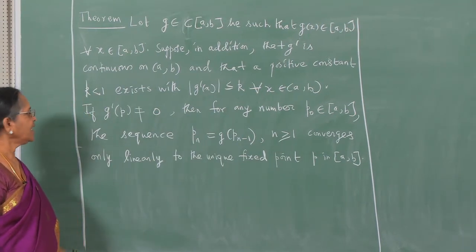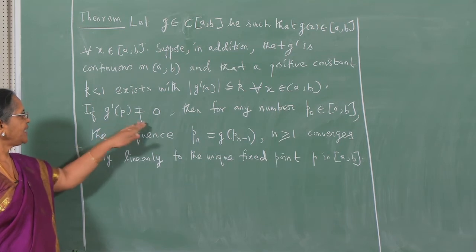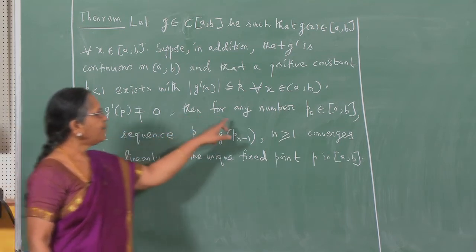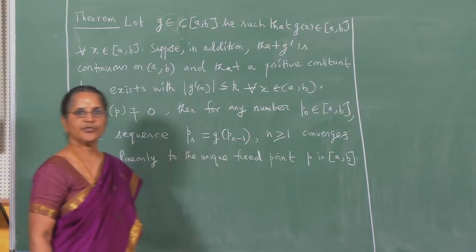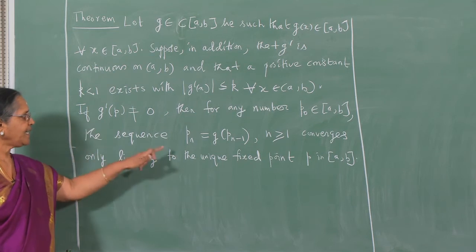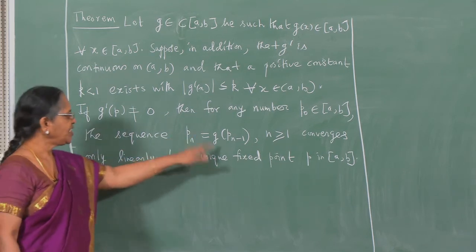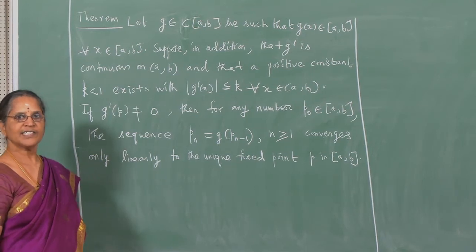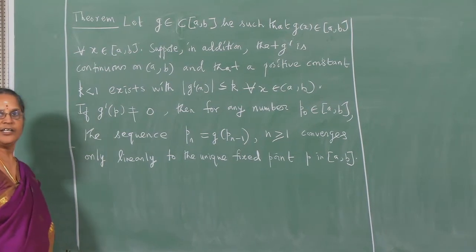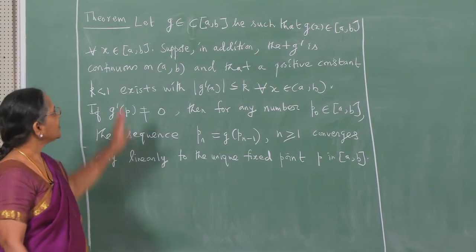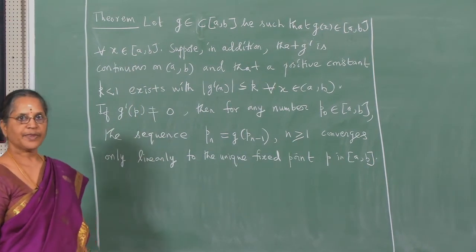We now show that if g dashed of p is different from 0, then for any number p naught belonging to the closed interval a b, the sequence p n given by g of p n minus 1 for n greater than or equal to 1 converges only linearly to the unique fixed point. This is what we have to show.